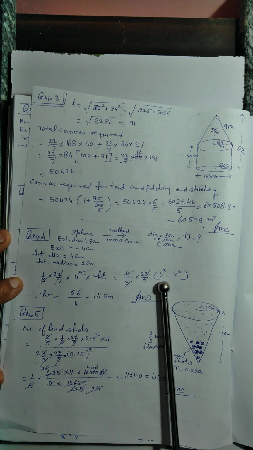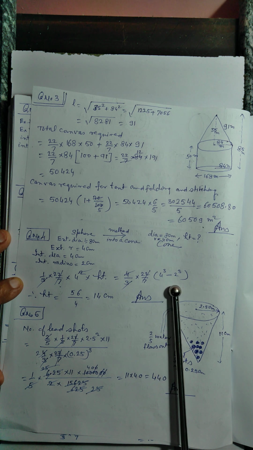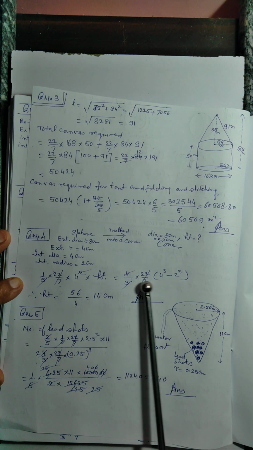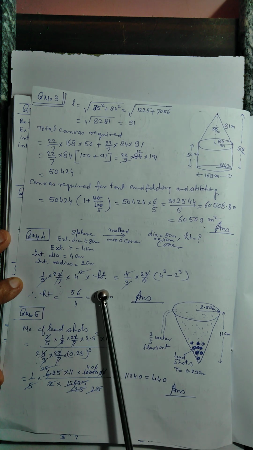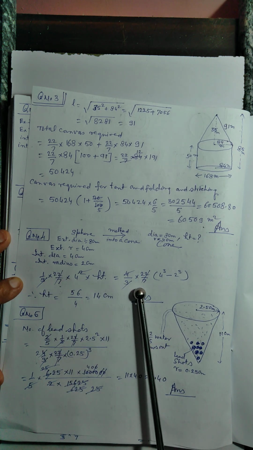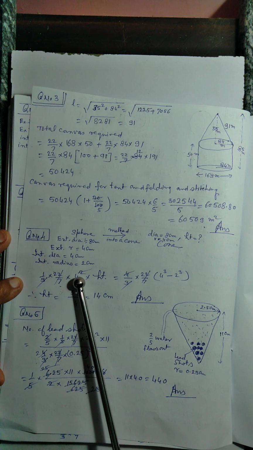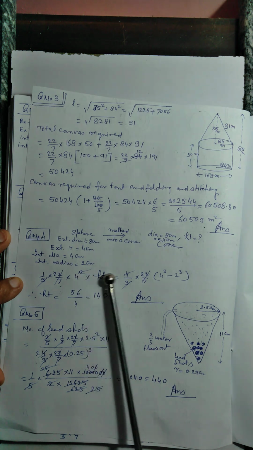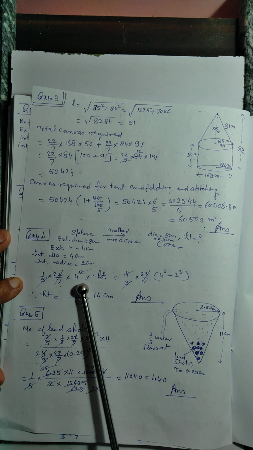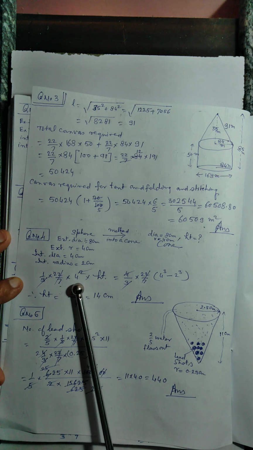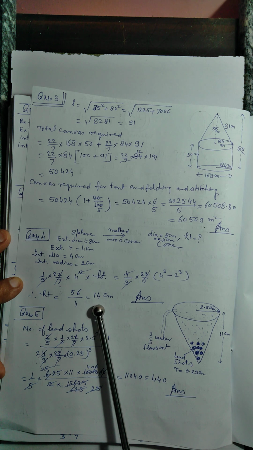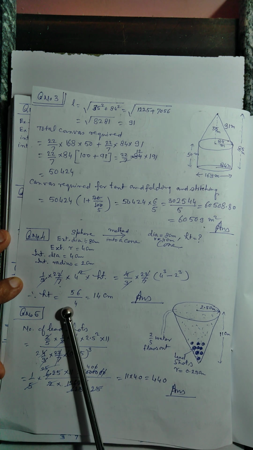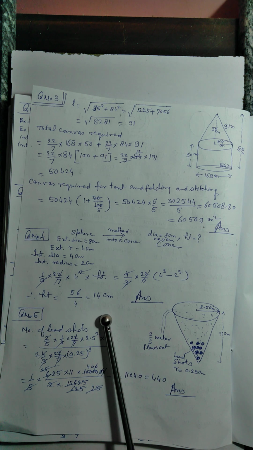So 4 cube, that is 64, minus 8, that will be equal to 56. 56 divided by 4. You see the 3 and 3 cancel, 22 by 7, 22 by 7. Here 4 का स्क्वायर कैंसिल किया, इधर से 4 कैंसिल कर दिया. Now 4 will be left here. So 56 divided by 4, that will be equal to 14 centimeter. The height of the cone will be 14 centimeter.